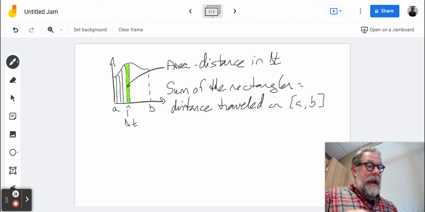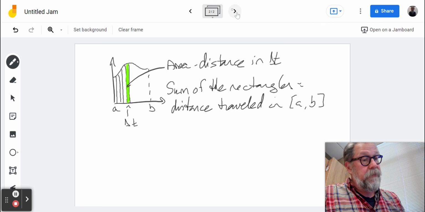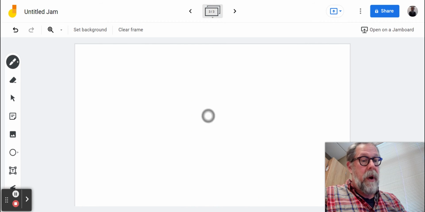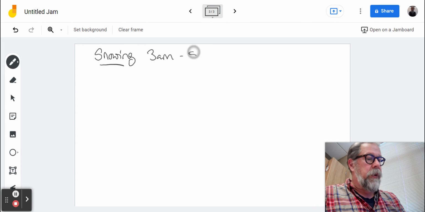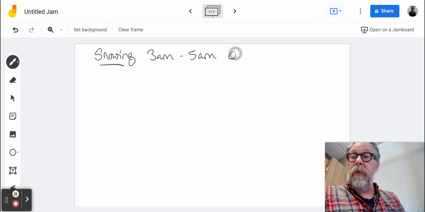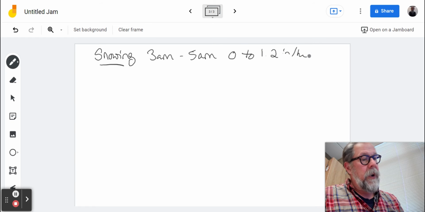So let's look at a sample problem. Our sample problem is that it starts snowing at 3 a.m. And from 3 to 5, it increases the rate of snowfall from 0 to 1.2 inches per hour.